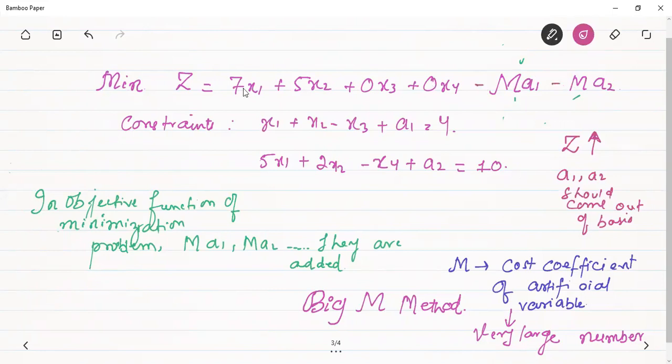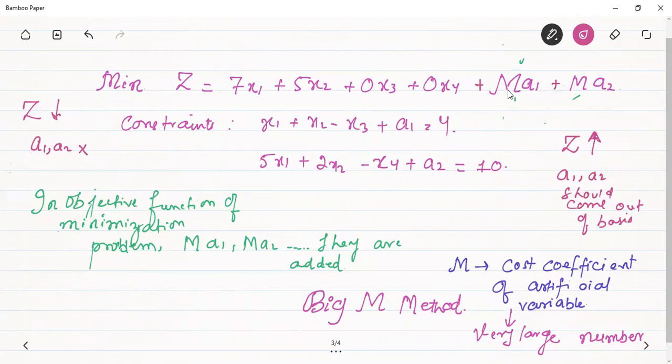ओके, अब second case हम देखते हैं. Suppose यहाँ पे minimization होता, लेकिन मैंने यहाँ पे negative बनाया होता. The problem is of minimization. When a very large number is subtracted, the objective function will minimize. लेकिन हमारा answer किसके basis में आएगा? Our answer will come in terms of a1 and a2, but these are not our actual decision variables, therefore we would want to throw them out of the basis. How would we throw them out of the basis? इसी के लिए हमें यहाँ पे plus add करना होता है.